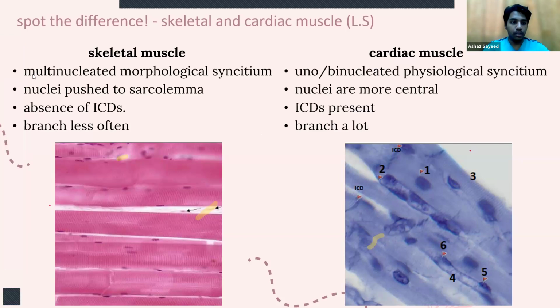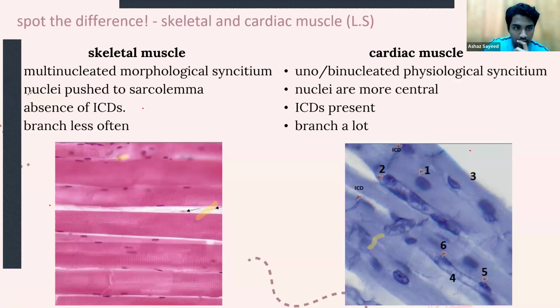First, we'll talk about the skeletal muscle. Skeletal muscle is multinucleated and has a morphological syncytium, as we talked about before. The nuclei here are pushed towards the plasma membrane of the cell, towards the sarcolemma.